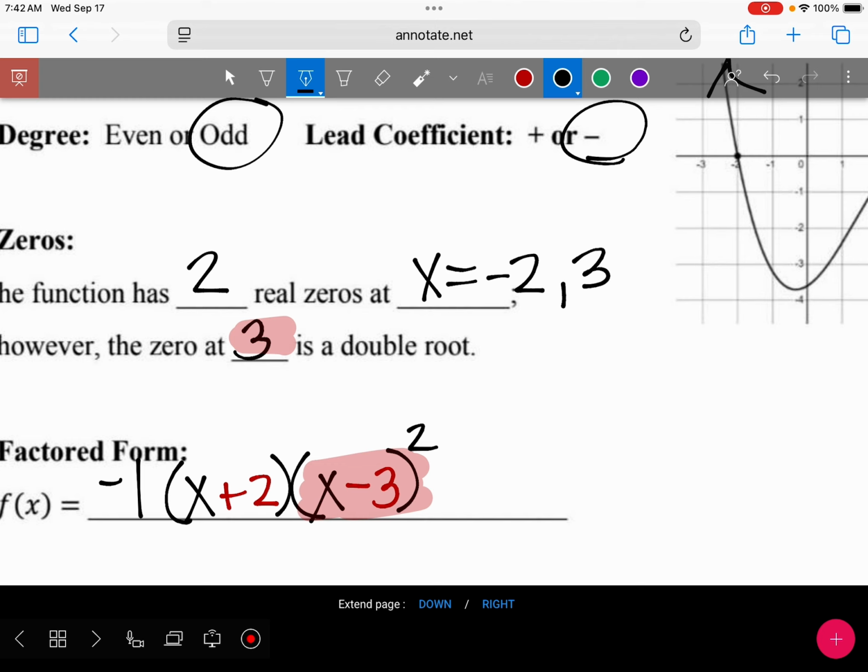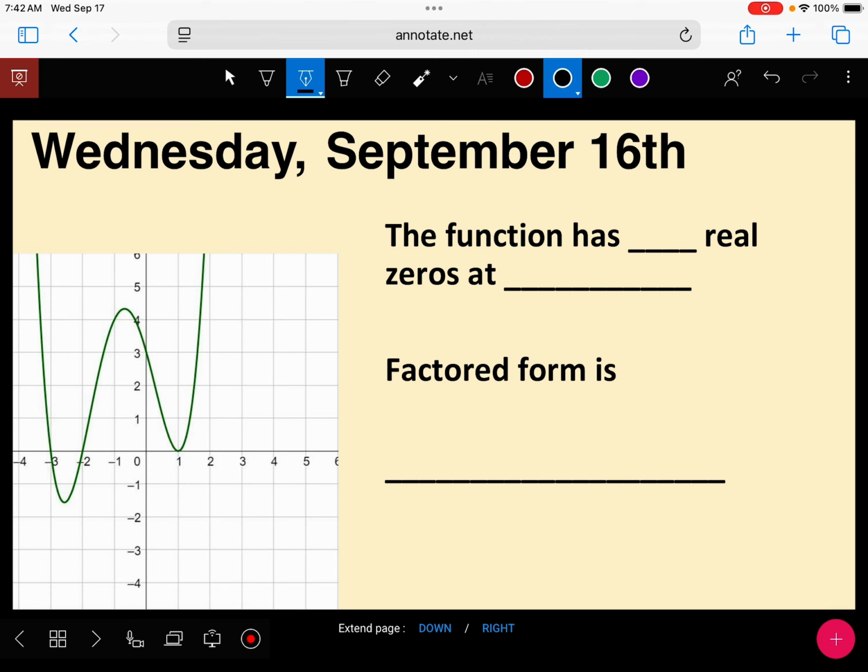So that's the end of the lesson. Now we're going to do our bell work at the end, and then we'll be finished. Take out your bell work packet. Take a couple minutes. I want you to try to answer this one on your own.